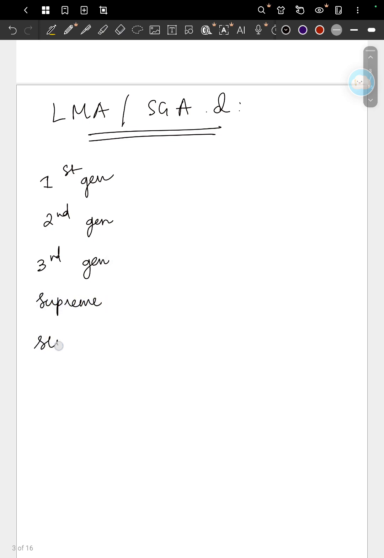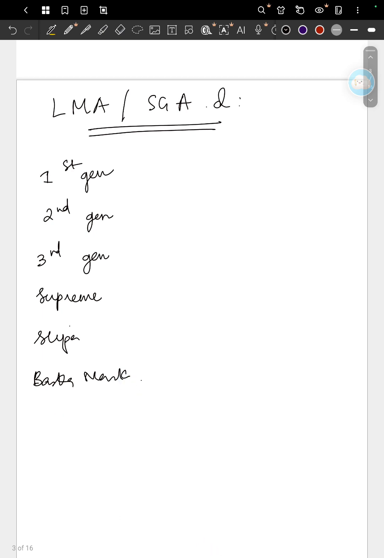We have Slipper. Then we have Bullard, mostly the Bullard mask. We also have fast track LMA. And then we have iGel LMA. So these are the types of LMAs.